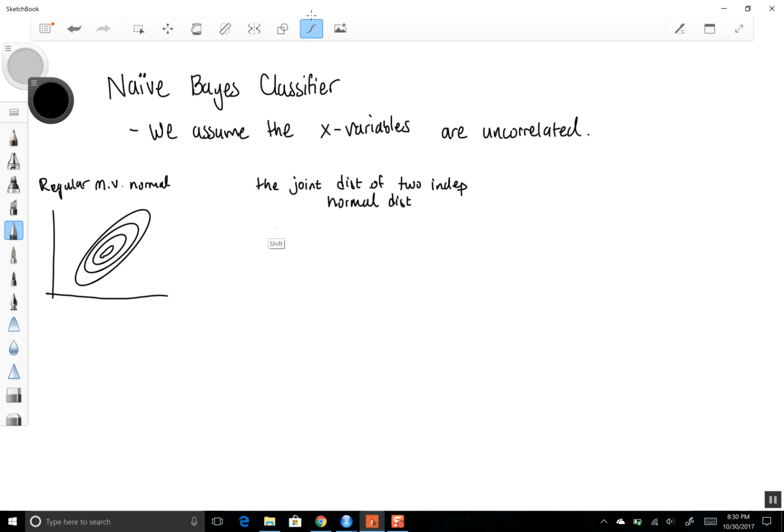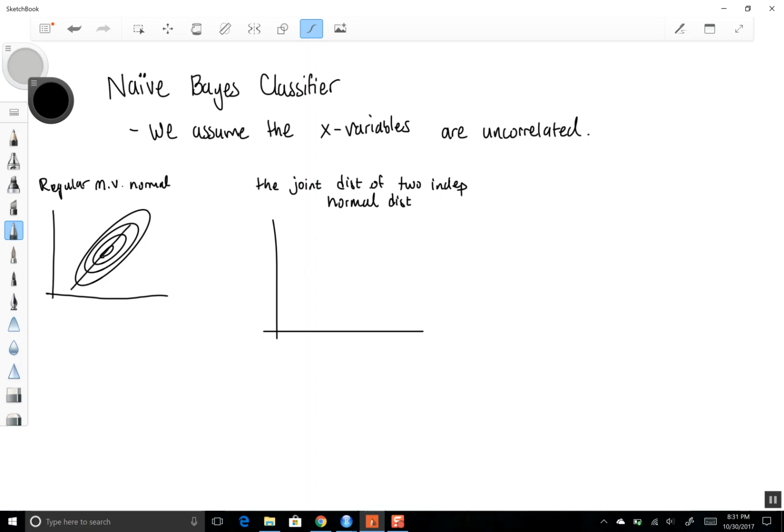How does that differ? When you have two independent normals, then you have no covariance. Here you have basically x and y.